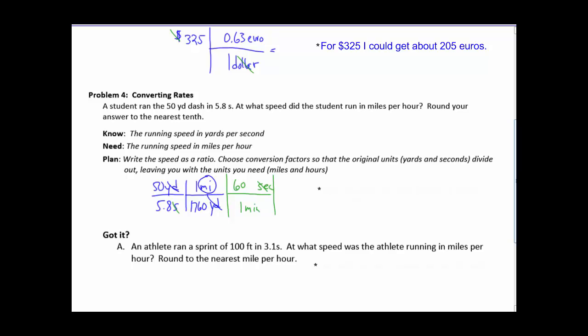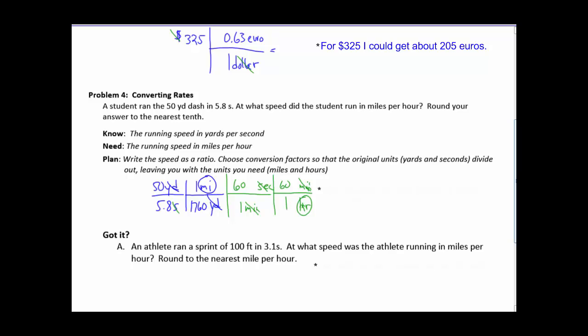So now if we were to multiply this out and divide, we're at miles per minute. But now, since minutes is on bottom, I'm going to put minutes on top and hours on bottom. If we do this last conversion, we'll have miles per hour. Minutes will cancel. We know that there's 60 minutes in 1 hour.